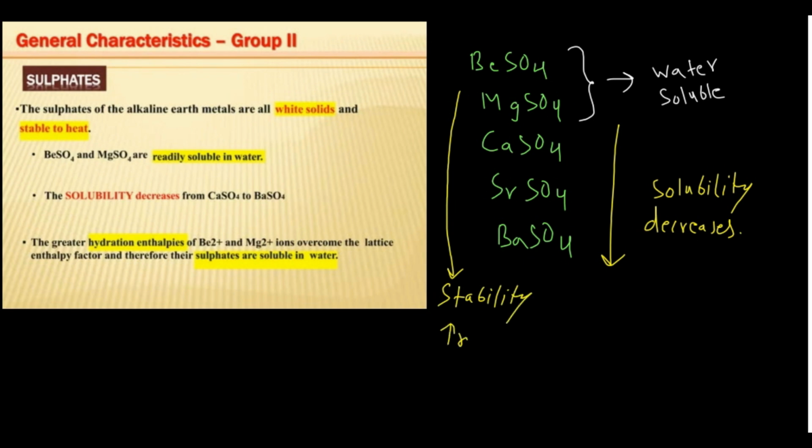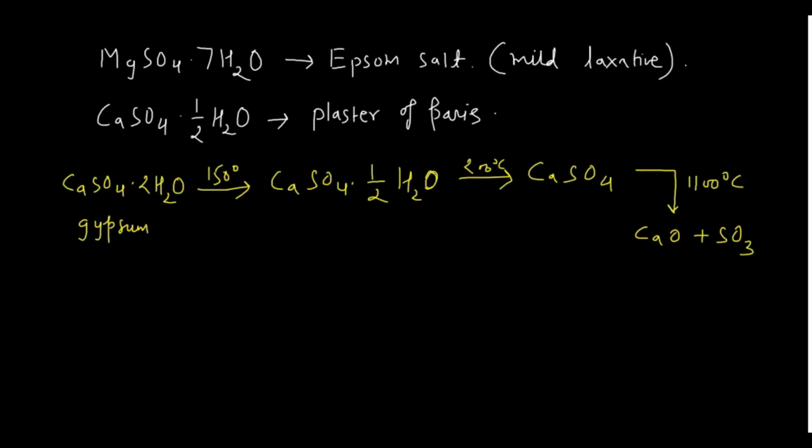The reason is quite the same, because beryllium sulfate decomposes at around 500 degrees centigrade, and magnesium sulfate at around 895 degrees centigrade. If you keep moving, you will have the other values also, but the data is not very important. You don't need to mug up all this data. It would be given in the examination if needed.